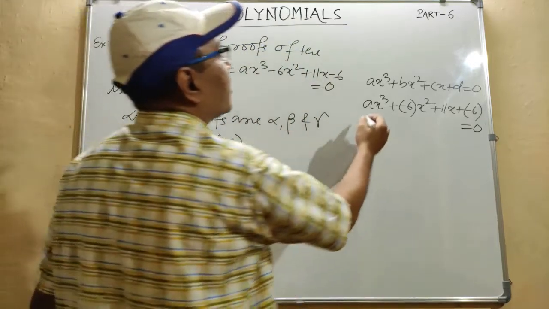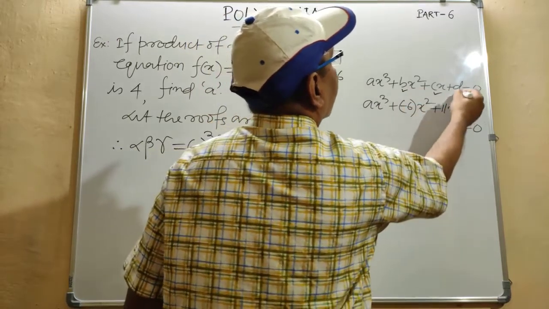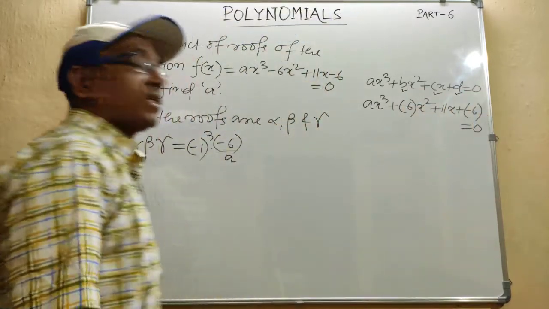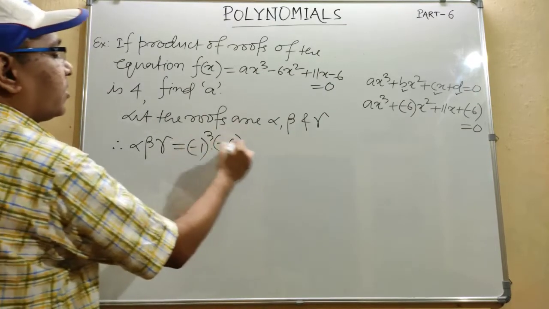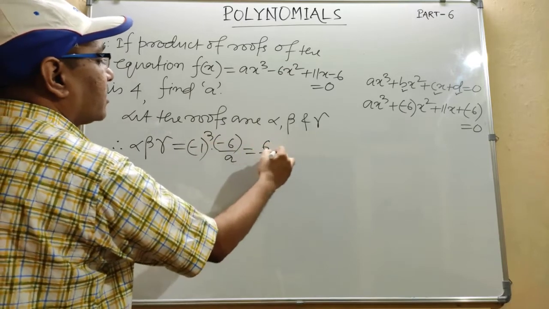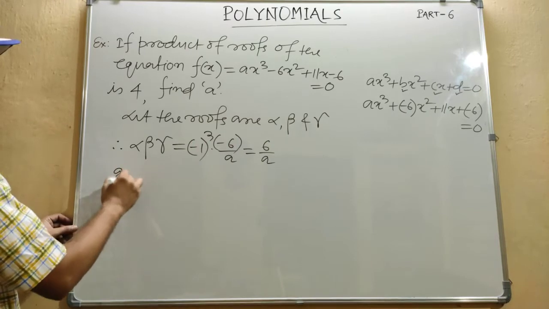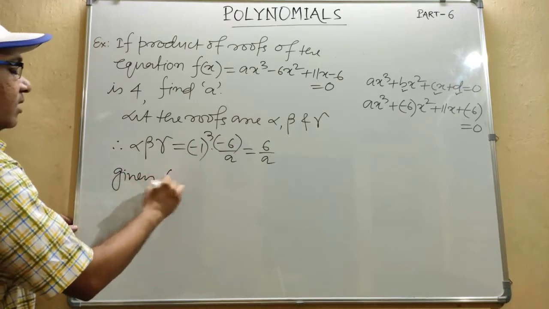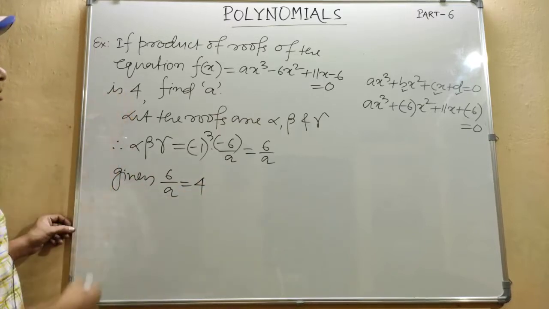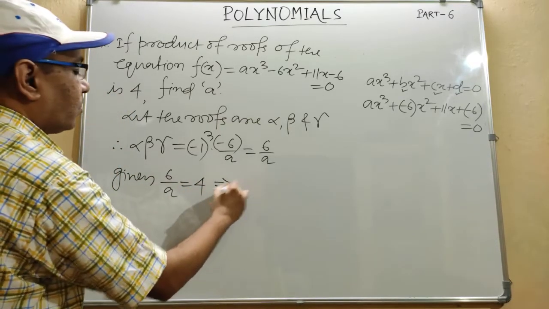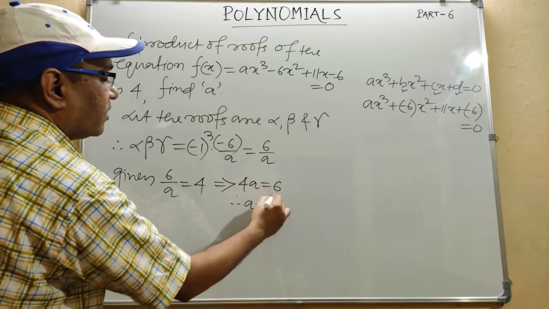So here a is a, b is −6, c is 11 and d, the constant term, is −6 with sign. So (−1)³ is −1, and minus minus makes plus, so 6 by a is the product of roots. In the question the product is given as 4. So 4a = 6, so a = 3/2.